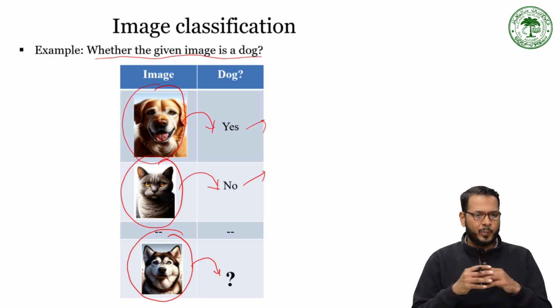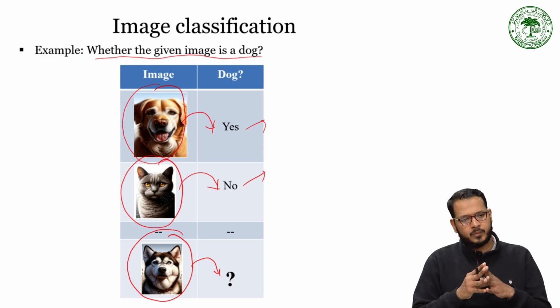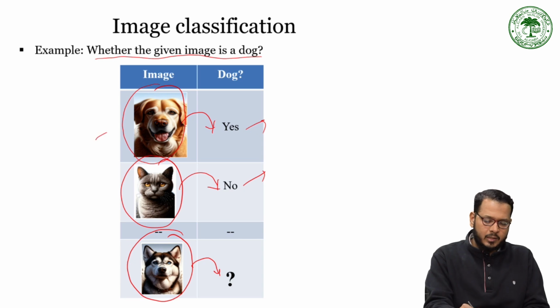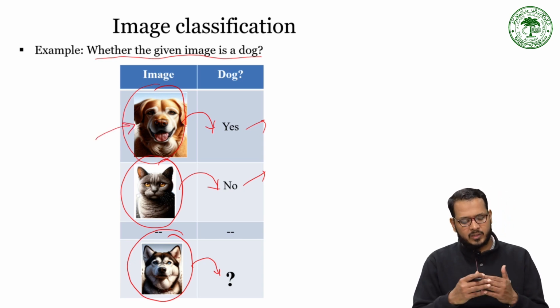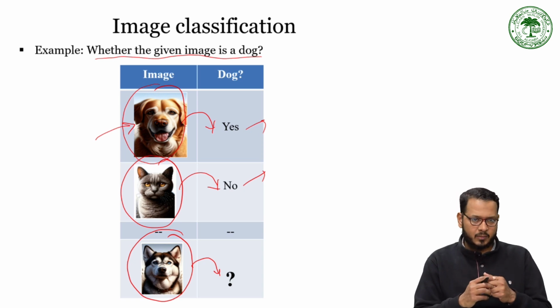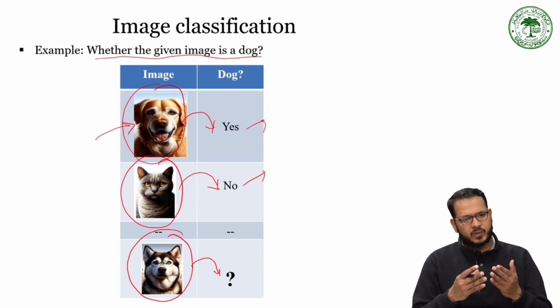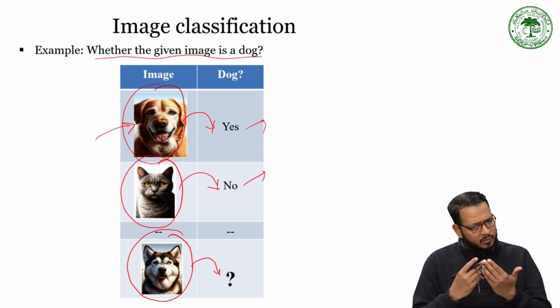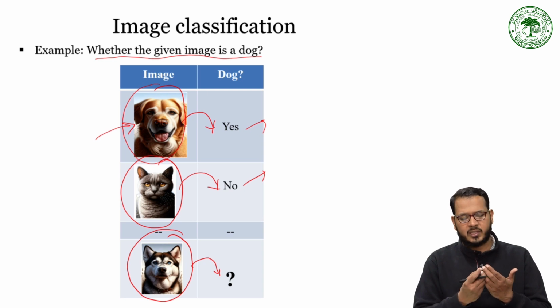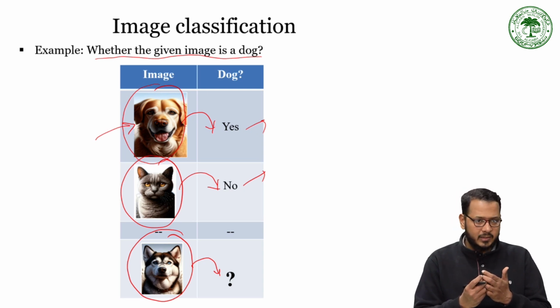So if you open this image using some library or other tool, you will see the values of the pixels that make this image. So ultimately in a computer, whatever we are storing is in the form of numbers. So this image also contains numbers, that is pixel values, behind the scenes.